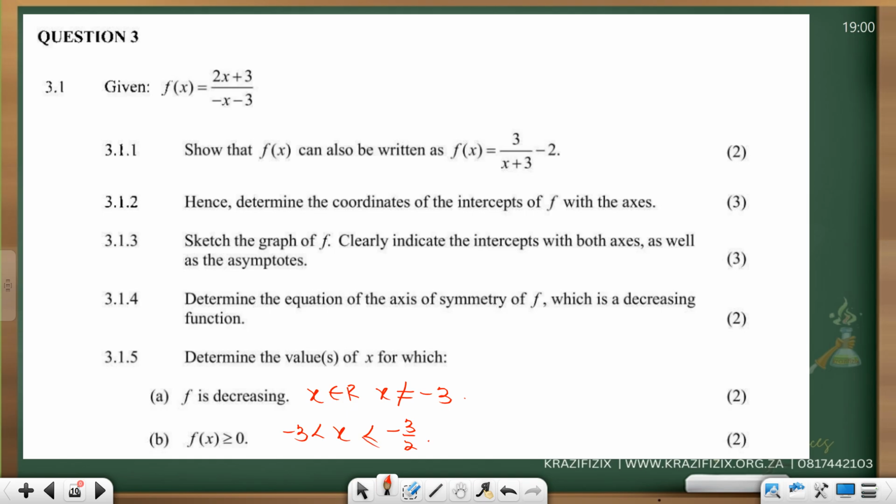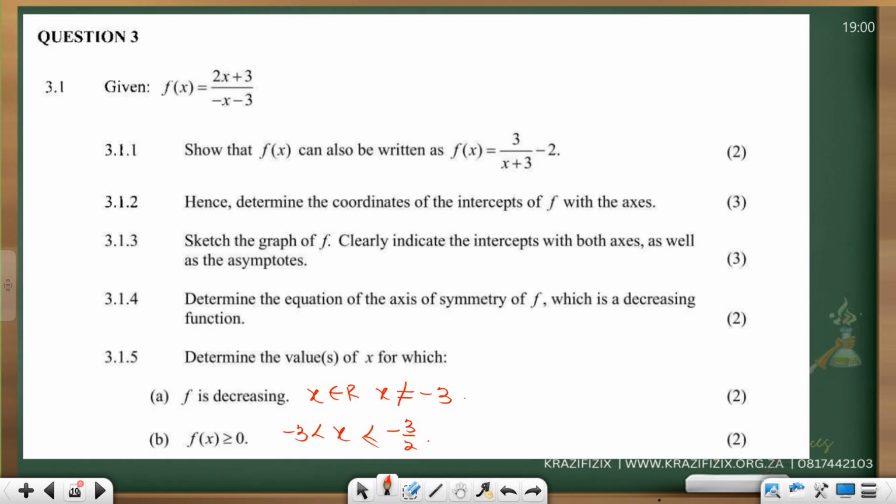But I'll put that there, because at -3/2 it's also equal to what? 0. Guys, I cannot put it here at -3 because the graph does not exist at -3. That's our asymptote. Let me know if that makes sense.